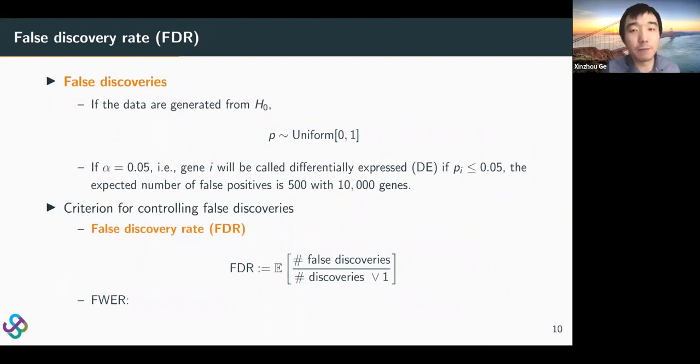However, we may have some problems with false discoveries when the number of genes is very, very large.